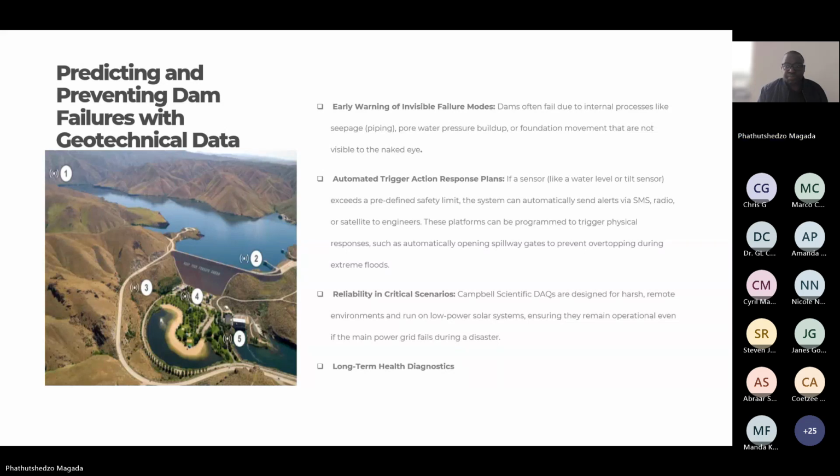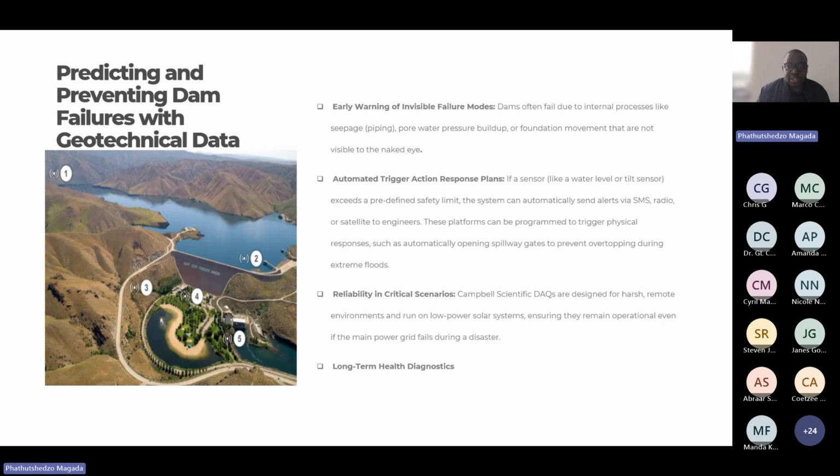So, predicting and preventing dam failure with early warning of invisible failure. Dams often fail due to internal pressures like seepage, poor water pressure buildup, or foundation movement that are not visible to the naked eye.